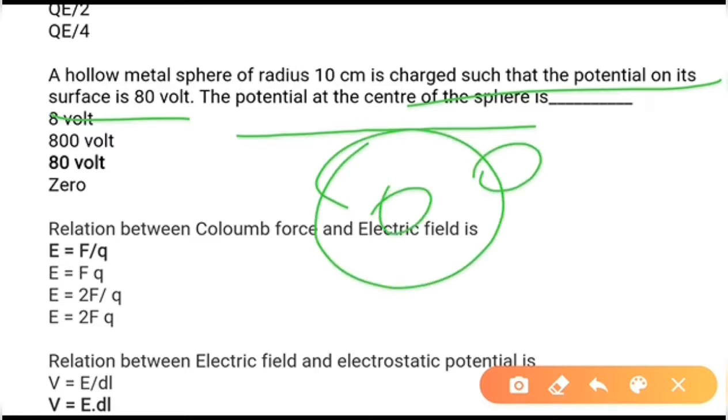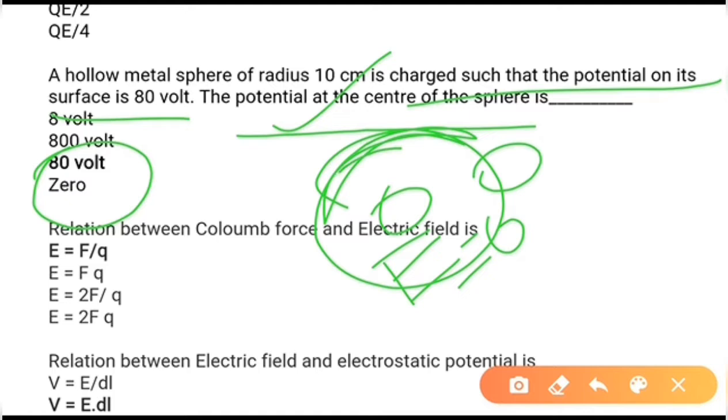So the answer will be the same, 80 volt, at the center of the sphere. But the electric field is 0 inside, though not 0 at the surface. Only the potential will be the same both on the surface and at the center or inside the hollow sphere. So the answer will be the same 80 volt.